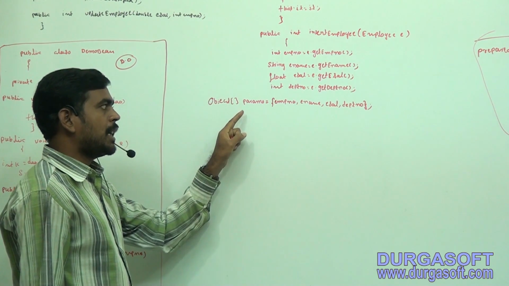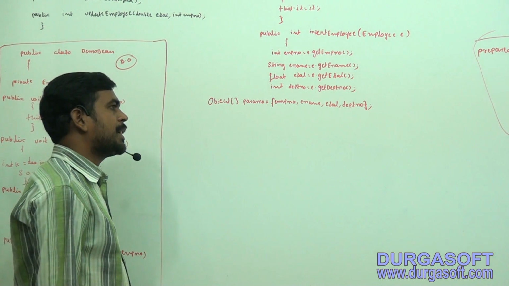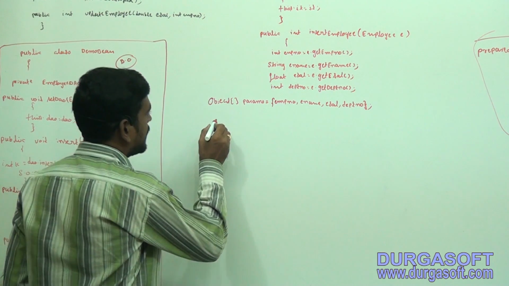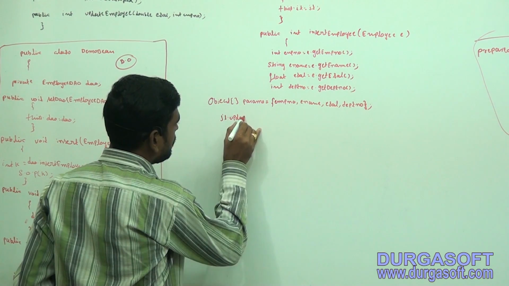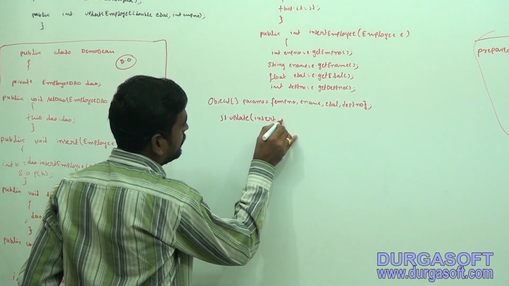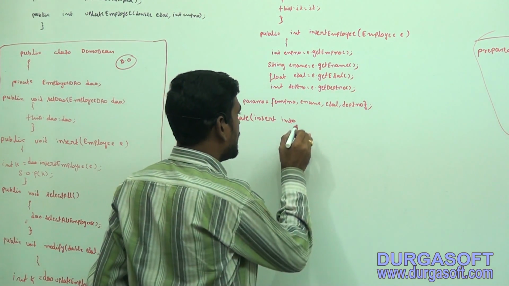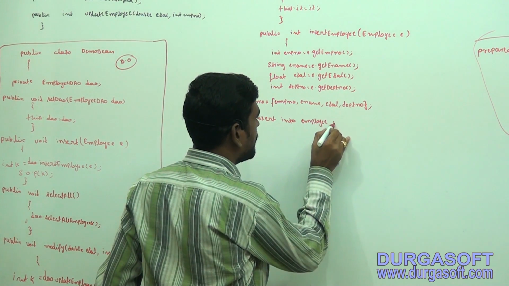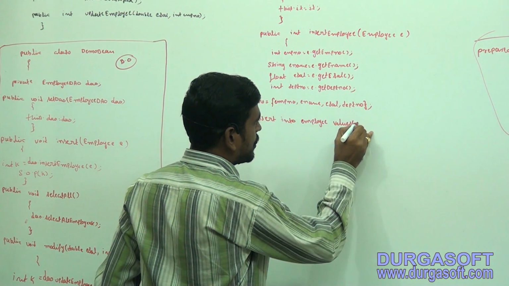After setting all the values in the form of an object array, this object array we can pass as a parameter of our query. So how to pass? Like this: jt.update, under that insert into employee values, question marks.